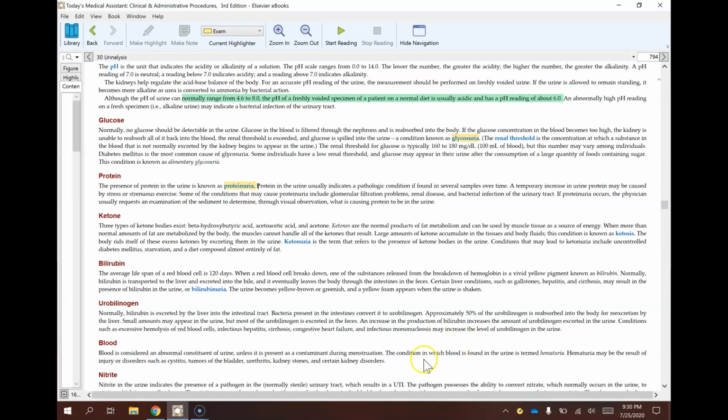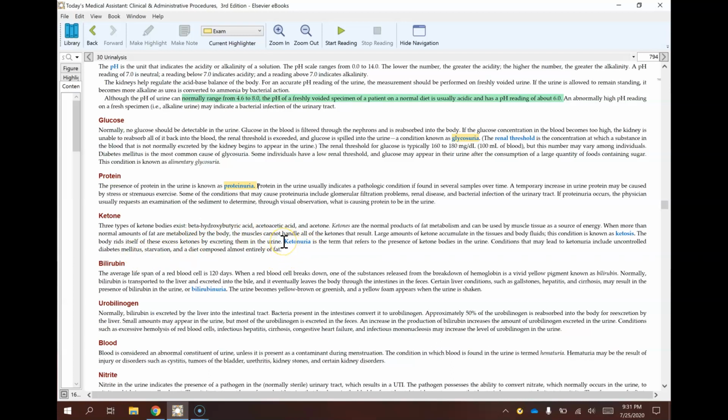The provider again will order additional tests to determine what's going on and the reason for the protein in the urine. Ketones. Ketones in the urine, most of you are familiar with the term keto diet. Ketones in the urine is what they strive for.